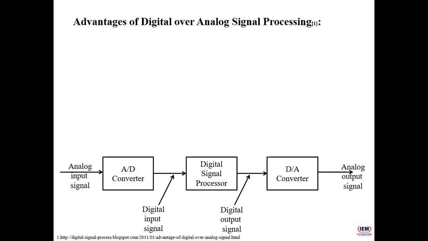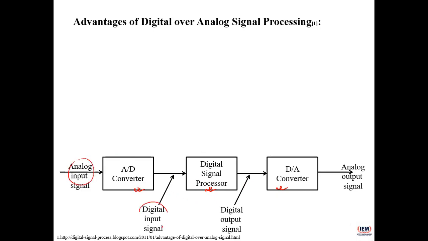So here you can see the advantage of digital over analog signal processing. In the figure, you can find that we are considering a digital signal processor with an analog to digital converter, a D to A converter, and associated circuits. We consider the input as an analog input.